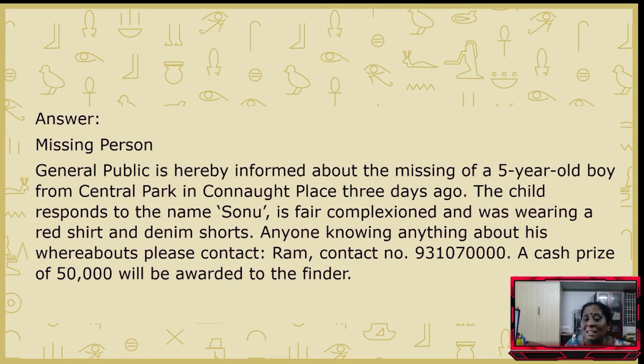Anyone knowing anything about his whereabouts, please contact. Cash prize of 50,000 will be awarded to the finder. Or, a decent reward will be given to the finder. You can say that.